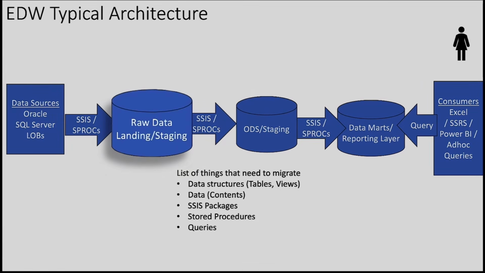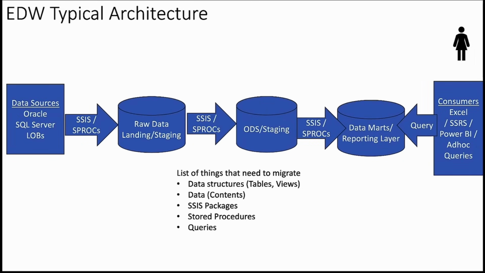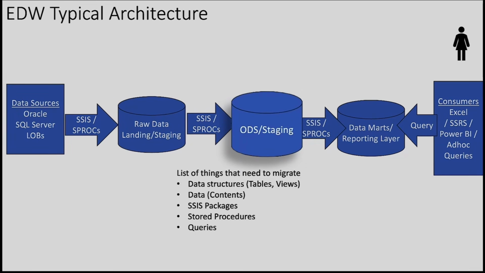So our raw data or staging area is where we're landing data and we don't really change it that much, and then we'd use SSIS and stored procedures to move it over to the ODS or staging over here. This would be like our operational data store where we might begin having customer crosswalk tables, or a dates table, or a unified employee list or something like that.